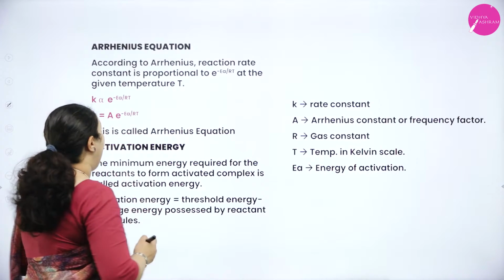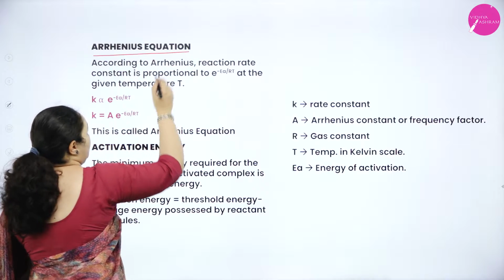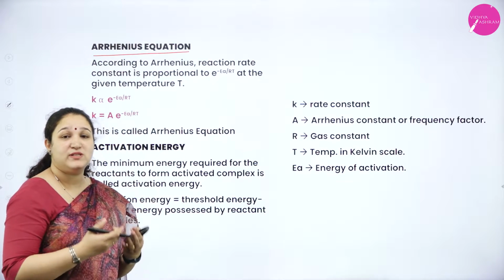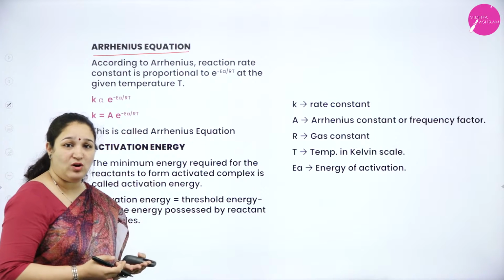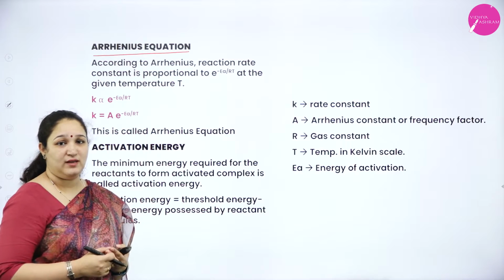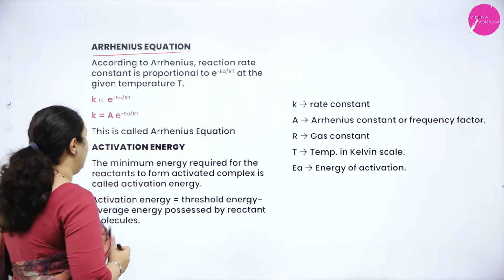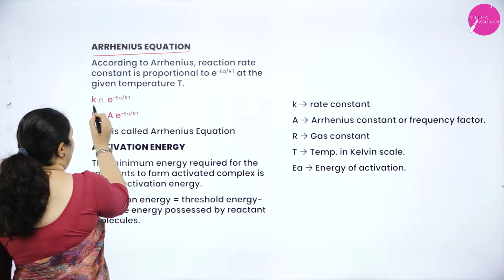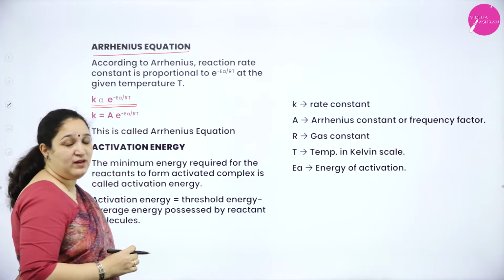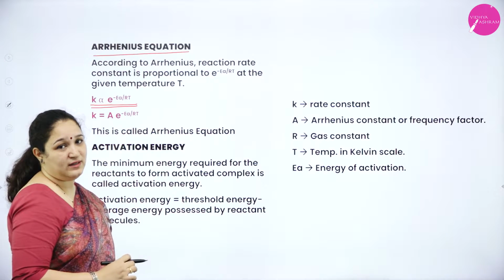Next we have Arrhenius equation. What is Arrhenius equation? It's an equation which is relating the rate constant to the temperature and activation energy. According to Arrhenius, the rate constant K is directly proportional to e to the power minus EA by RT.